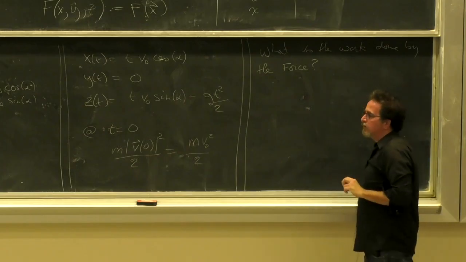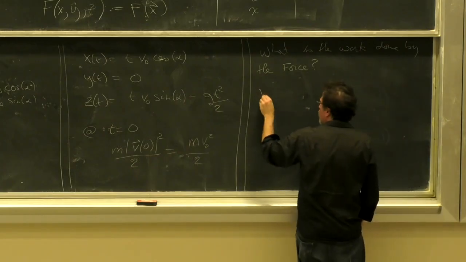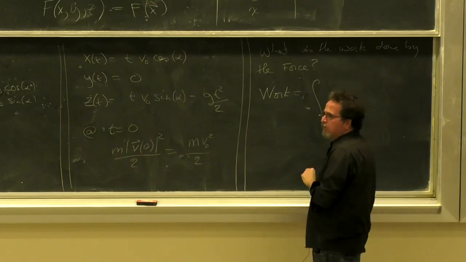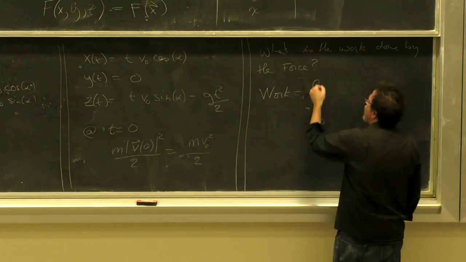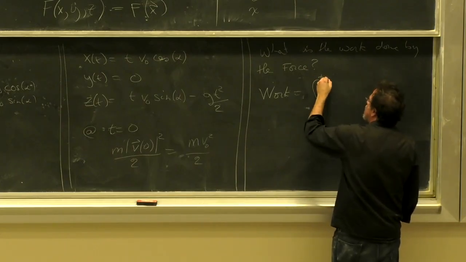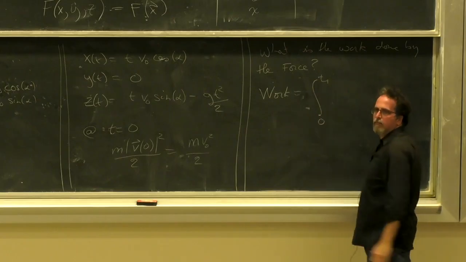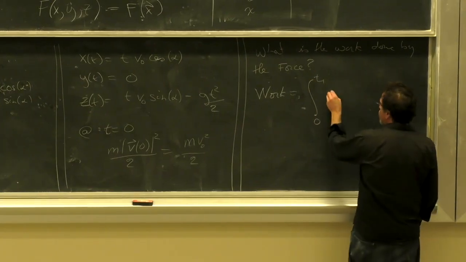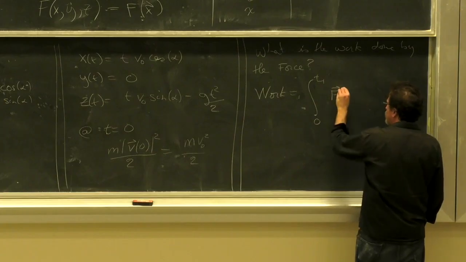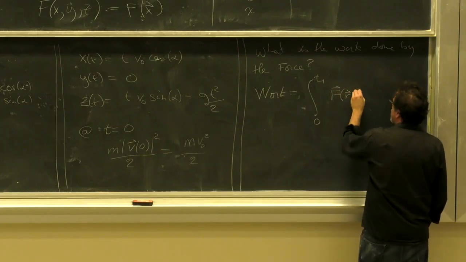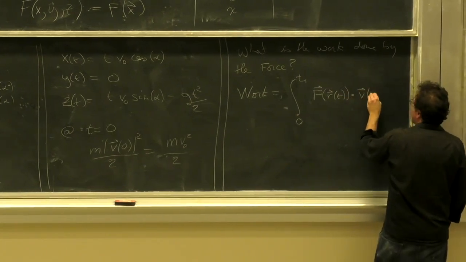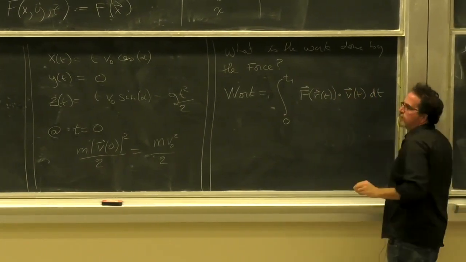Work is equal to, well, we know we're going to start at time t equals 0, and let's choose a time t1 for my end time. And we always write down the definition. I've told you what the definition of work is now. It's f of r of t dotted into v of t integrated with respect to t.